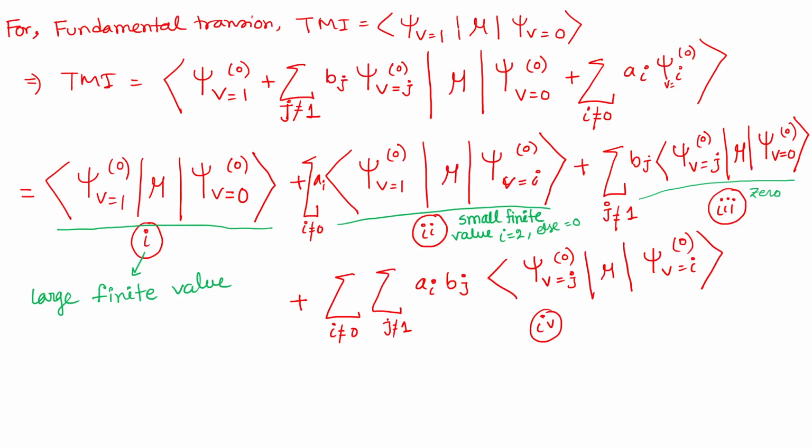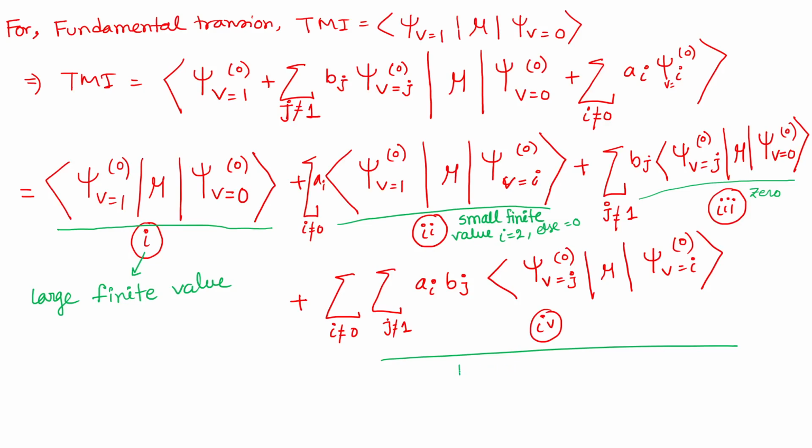Now what about the last integral? i cannot be 0, and j cannot be 1. That part is already taken care of, because your delta v can be plus minus 1 only.